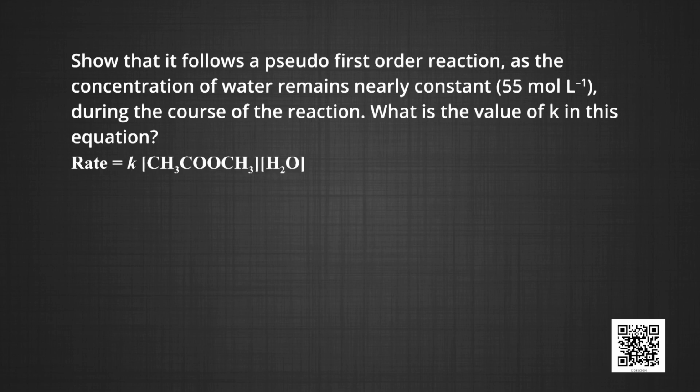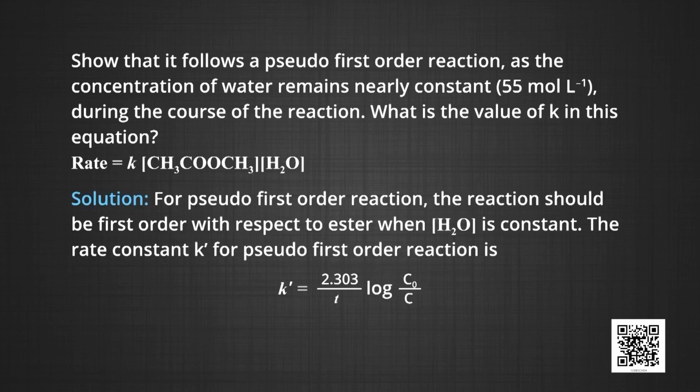The rate is equals to K CH3COOCH3 and molar concentration of water. For pseudo first order reaction, the reaction should be first order with respect to ester when the molar concentration of water is constant. The rate constant K dash for pseudo first order reaction is K dash is equals to 2.303 by t log C naught by C, where K dash is equals to K into molar concentration of the water.